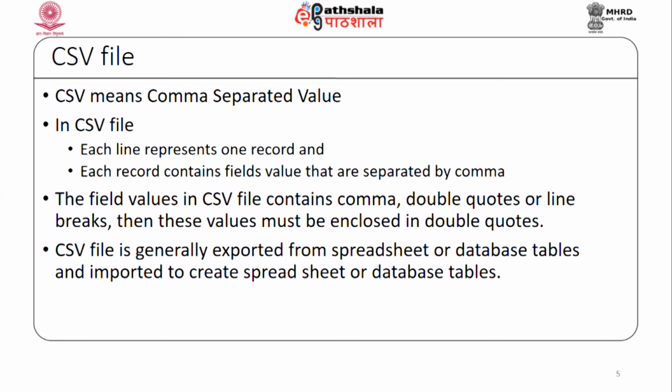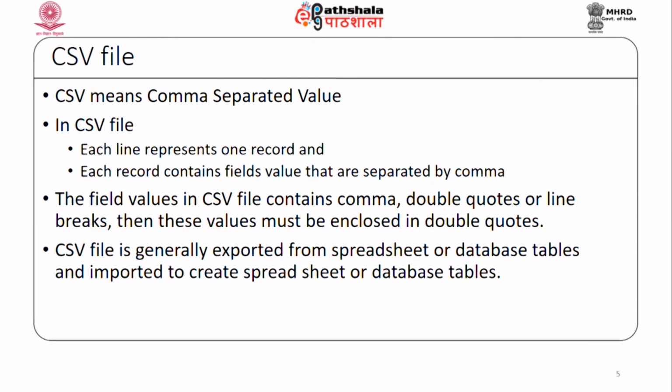In a CSV file, each line represents one record and each record contains field values that are separated by commas. So, if there are n lines, there are n records, and each record's attribute values are separated by commas.